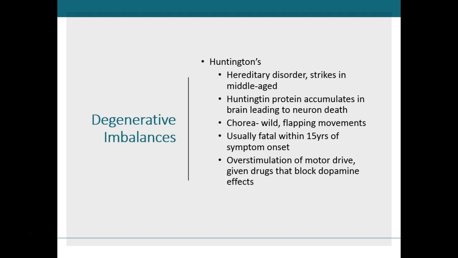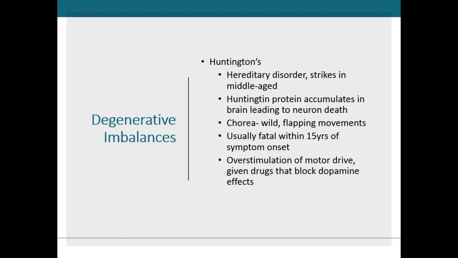It's characterized by chorea, which simply means a dance, where you have very rapid, jerky movements occurring involuntarily and without reason. This usually results in fatality within 10 to 20 years after the first symptoms appear. It is progressive, with a lot of mental deterioration occurring quite quickly as these proteins accumulate in the brain.